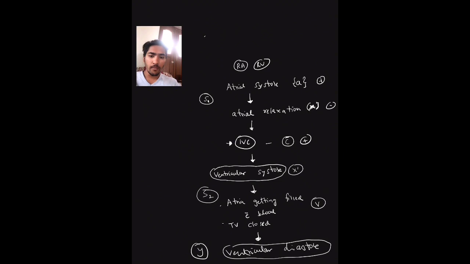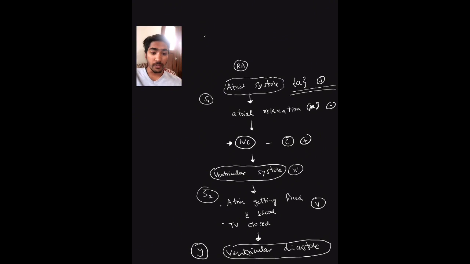Here you can see I'm concentrating mainly on your right atrium and right ventricle. The first thing that happens is your atrial systole. Whatever amount of blood was left in the right atrium needs effective right atrial contraction, that produces your positive A wave. After that blood has gone out of the right atrium, there is nothing left in the right atrium.